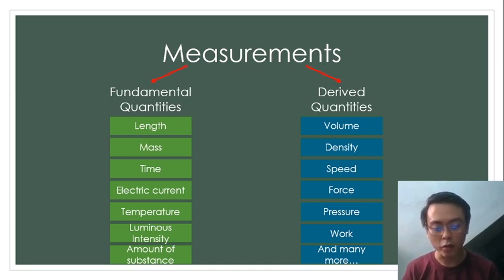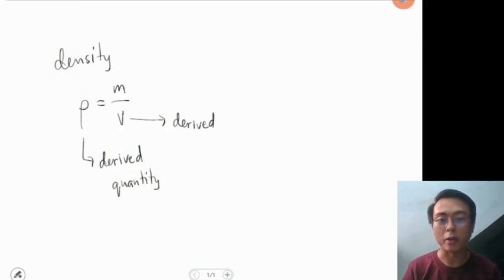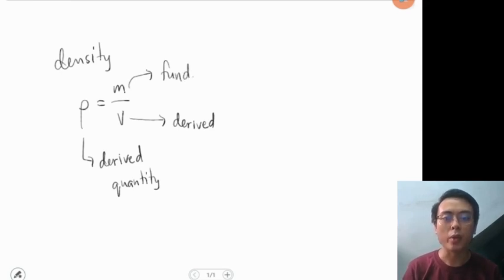You see here that volume is not a fundamental quantity, no? Volume is another derived quantity, and we must also define volume in terms of its fundamental quantities. Mass is a fundamental quantity, no? So how do we get the fundamental quantity of volumes?